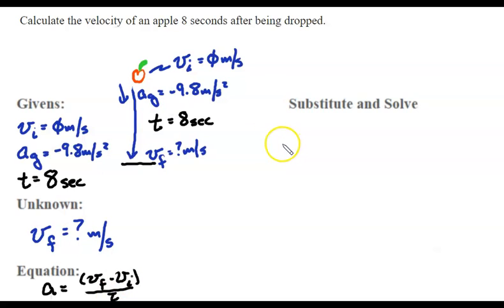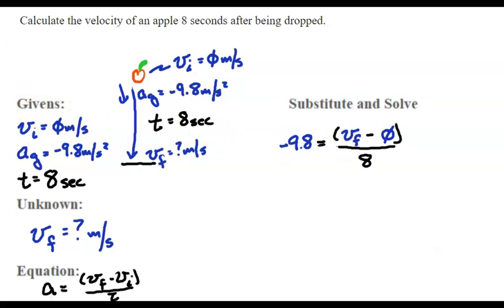So acceleration, negative 9.8, equals, I don't know what my final velocity is, so I'm just going to write that, velocity final, minus initial velocity, which is 0 meters per second. That whole quantity divided by the time, which is 8.